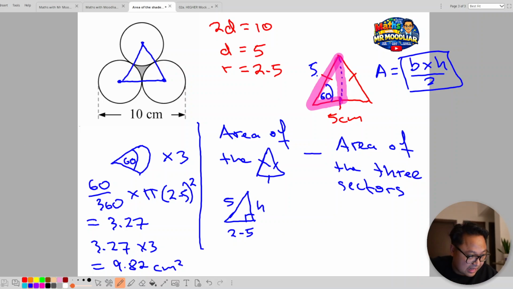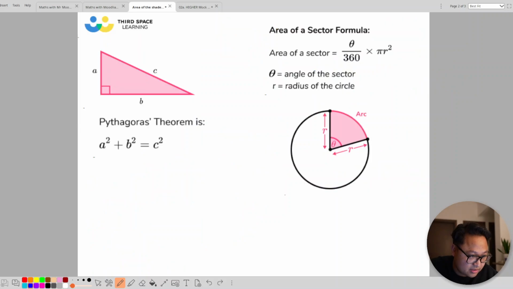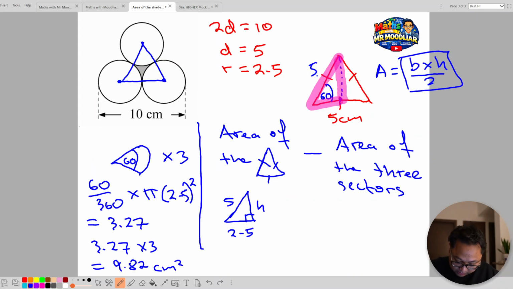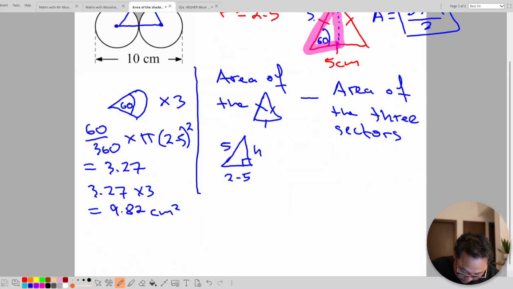To work out the height, I am going to use Pythagoras theorem, which is a very, very useful theorem that we use in mathematics. So what do we have? Well, let's look at the longest side first. So let me extend my page. It'll be h squared plus 2.5 squared equals the longest side, which is 5 squared.